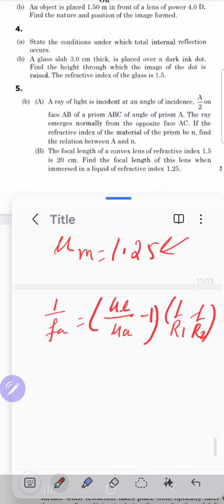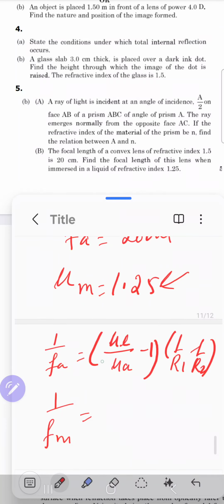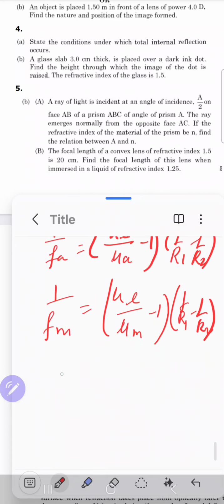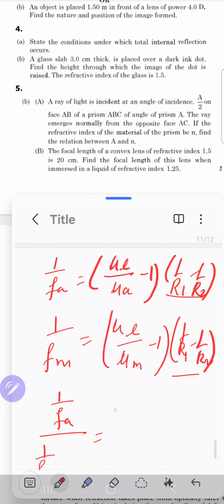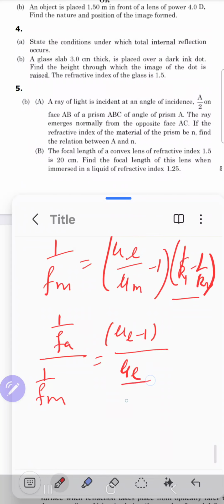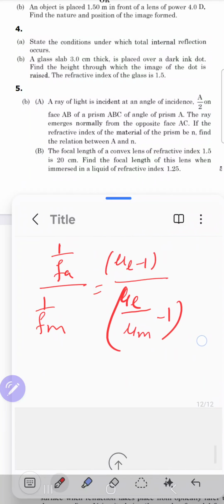So this is the lens maker's formula, times 1 by R1 minus 1 by R2. Similarly, for the other medium whose refractive index is given, 1 over Fm is refractive index of the lens over refractive index of the medium minus 1, times 1 by R1 minus 1 by R2. Now taking the ratio of the two, 1 over Fa over 1 over Fm, this bracket is going to be cancelled. The refractive index of air is 1, so I am writing simply mu L minus 1, and here mu L over mu M minus 1.